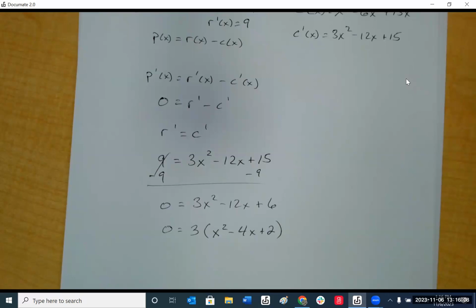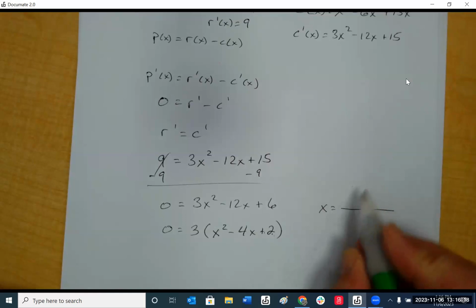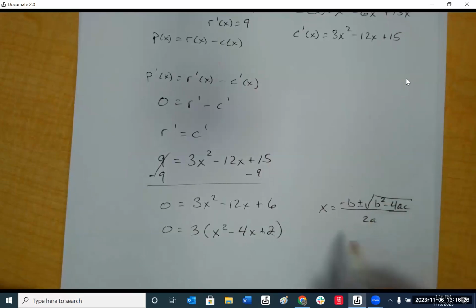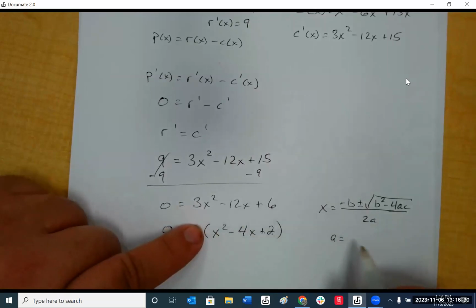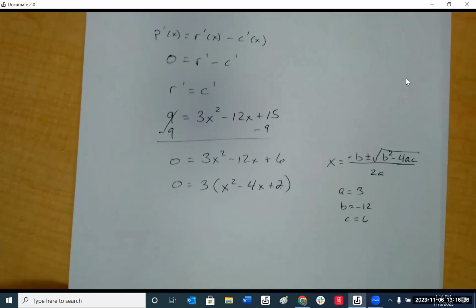Which means now that we can't factor it, because what two numbers multiply to 2 and add to 4? Nothing. So we have to use the quadratic formula. Let's do it from the usual: A equals 3, B equals negative 12, and C equals 6.